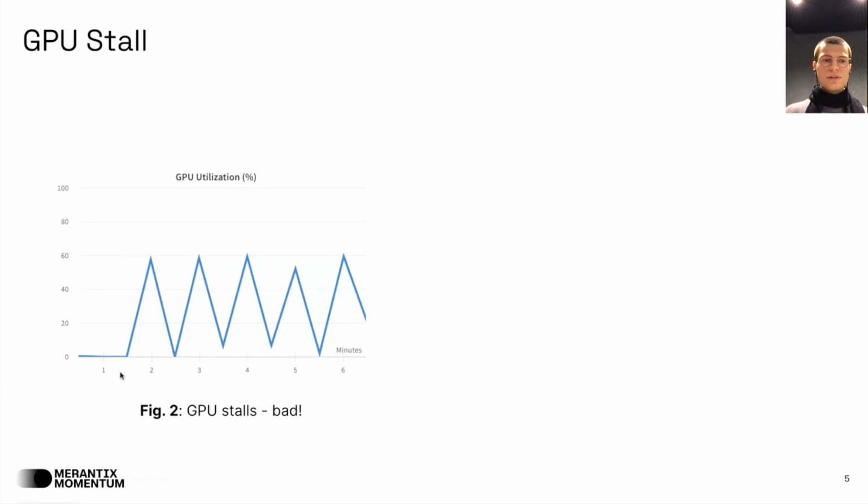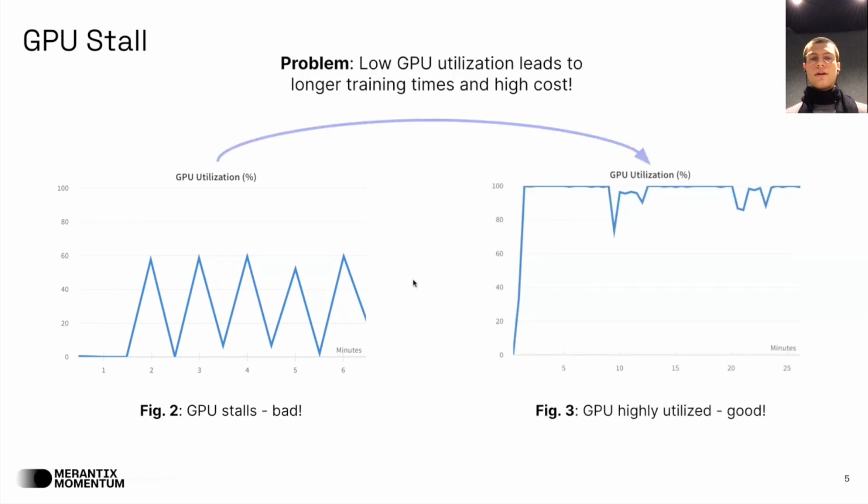You see individual spikes that probably correspond to the individual batches you're processing, but there's a lot of downtime in between, such that your GPU is actually not used to the full extent. And there's a problem with that, of course, that your training will take much longer than if your GPU was fully utilized.